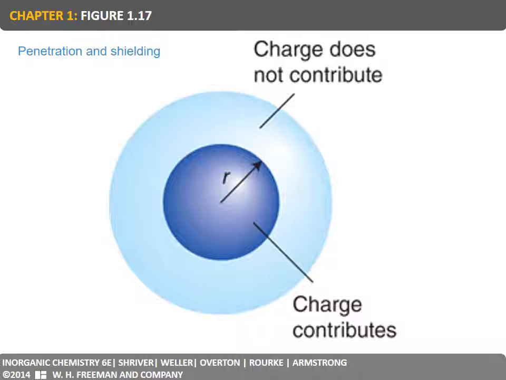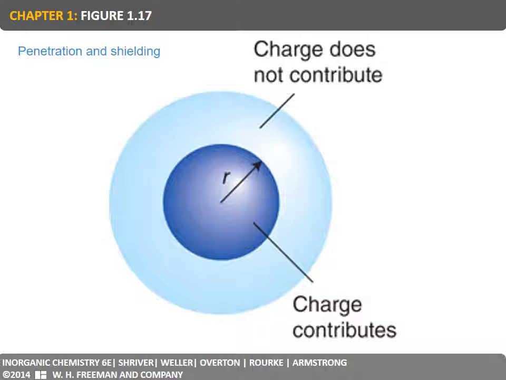And because in simple systems we have spherical distribution, we can assume that the field is generated by a point source in the middle of the sphere. So for any given point, we have the attractive forces of the nucleus, the positive charge, and the repulsive forces of the electron cloud, which is evenly distributed.